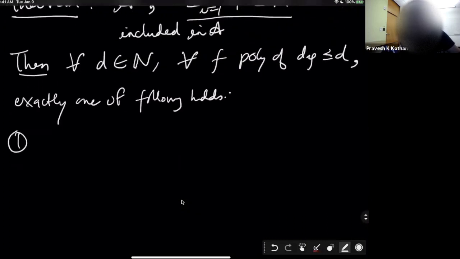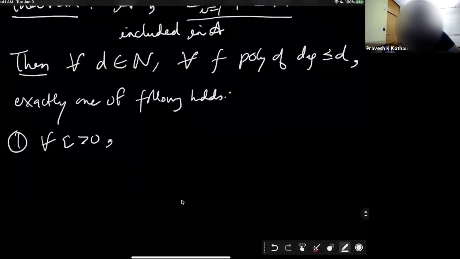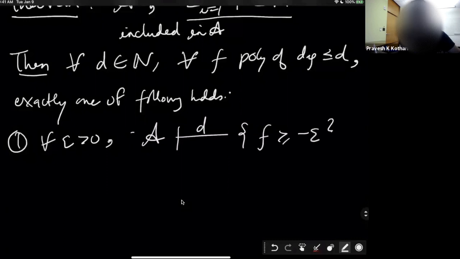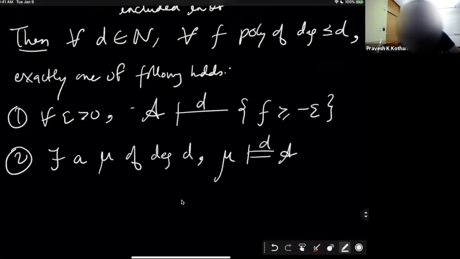For all epsilon bigger than 0, A derives in degree d the inequality f bigger than minus epsilon, or there exists a pseudo distribution mu of degree d. Mu satisfies A at degree d.